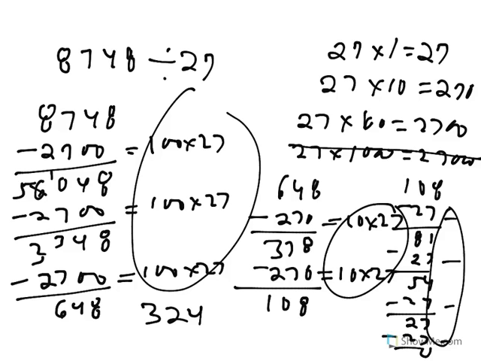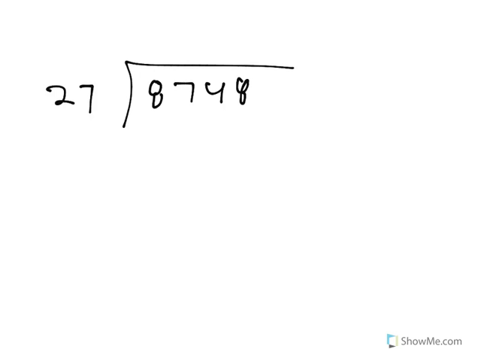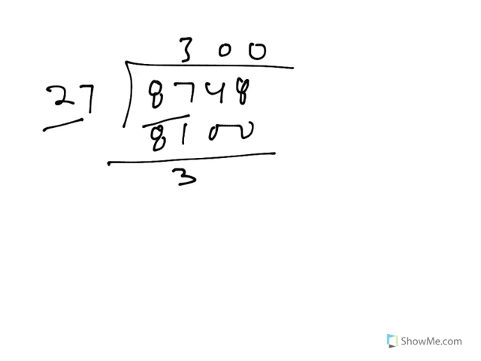And when I go back to the long division process now, I'm going to show you how it pretty much does the same thing. Basically, when we say 27 into 87 is 3, we're basically saying that 300 times 27 is 8100, and I subtract, and I get 648.